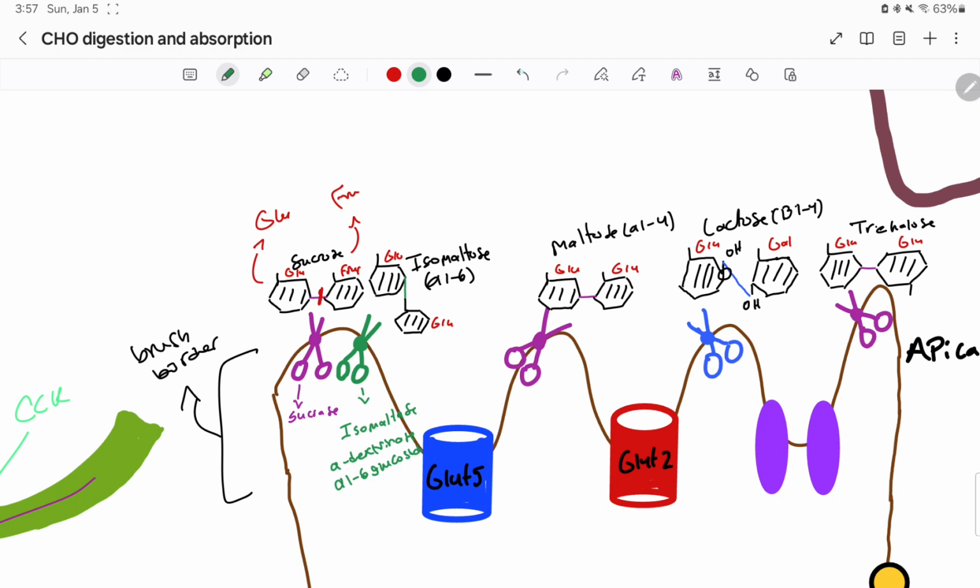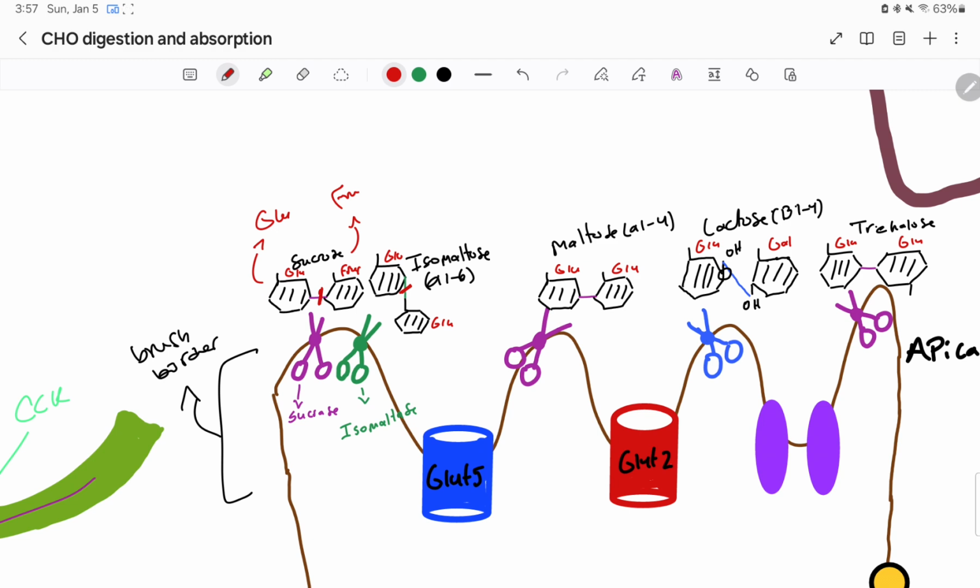Okay? I'm just going to delete these names because they take too much space, but the reason I'm saying this is because this guy is very special. He is the only enzyme that is capable of cleaving alpha 1,6 bonds. He is the only enzyme that's actually able to cleave this alpha 1,6 bond that we had problems with, right?